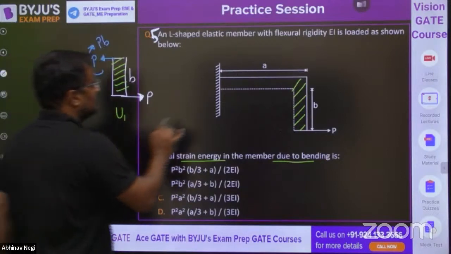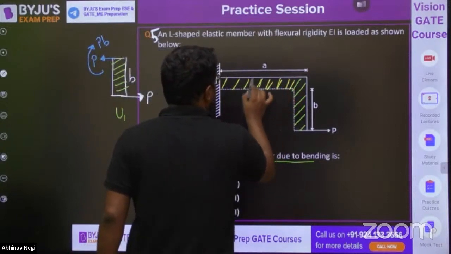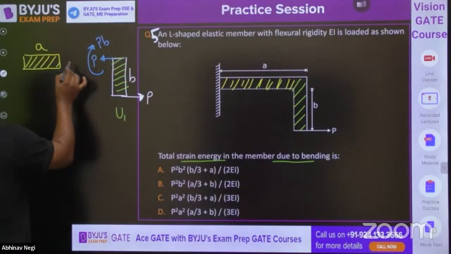Now let us come to this yellow part of A length. Internal forces are always equal in magnitude and opposite in direction.